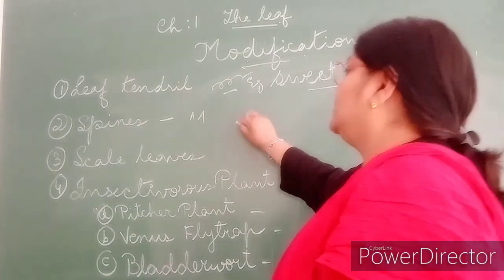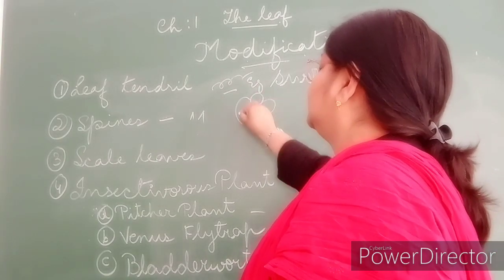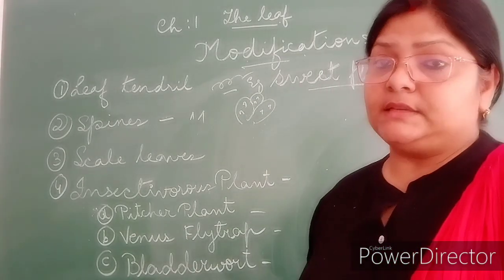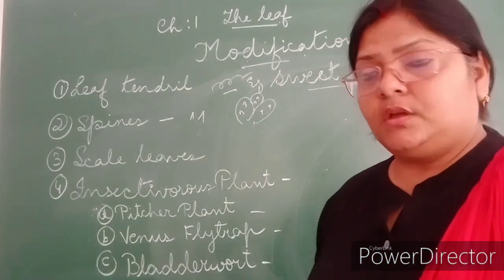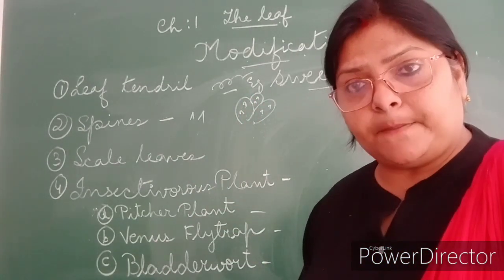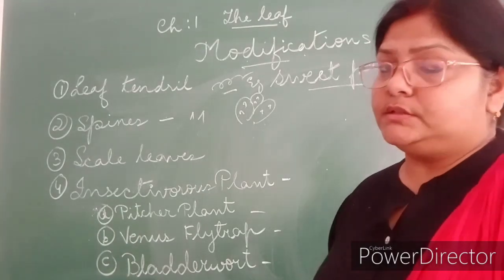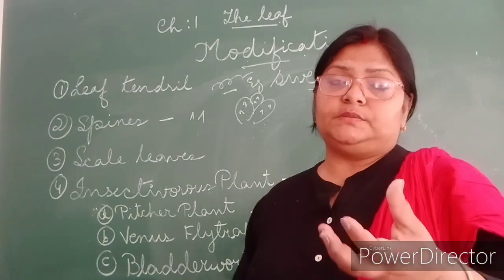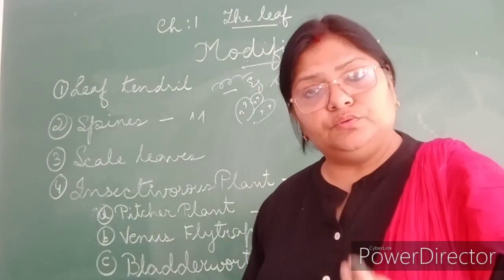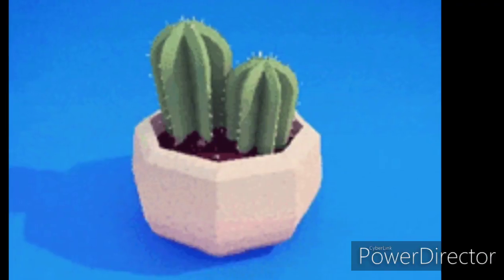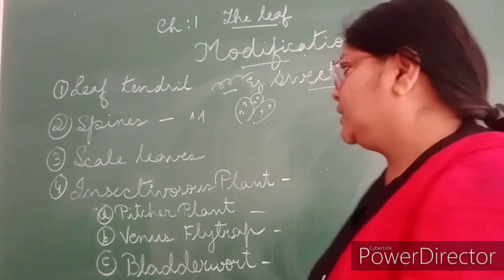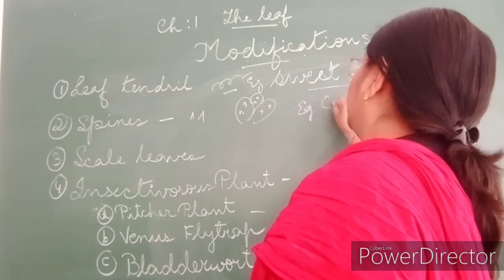If you draw the example of a cactus, you see some spines on it. Those spines are actually the leaves, and the swollen structures that you see are actually the stem. The stem becomes green, swollen and fleshy and starts producing food for the plant, and the leaves are reduced to spines. Example, cactus.